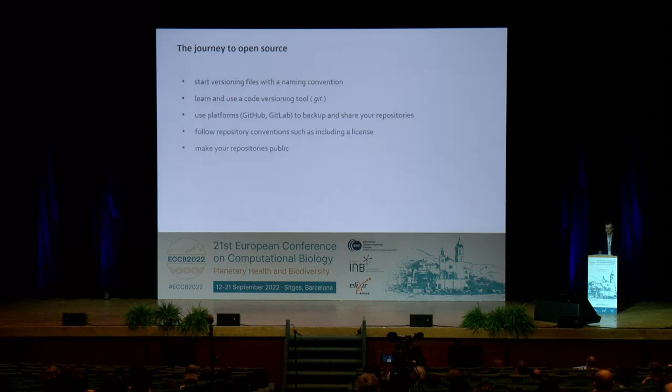So what is the usual journey to open source? Well, we have to admit it, this is something we're all kind of guilty of. We start versioning files with a naming convention, and then we rename it. That's not the way to do it, but it's a good start. A FAIR attempt. Then it's very typical that one chooses to use a code versioning tool, typically Git, and a platform like GitHub or GitLab to back up and share the code repositories that are then created.